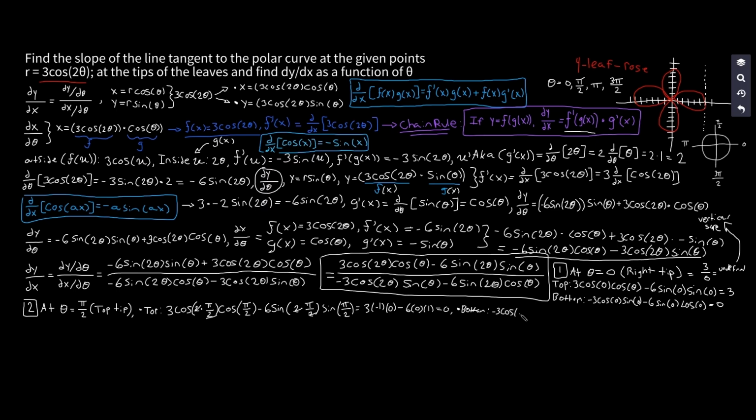Those 2's are just going to cancel, so it's just going to be cosine of pi times sine of pi minus 6 sine of pi, because the same thing as before, 2 times pi over 2 is just going to be pi. Cosine times cosine of pi over 2.